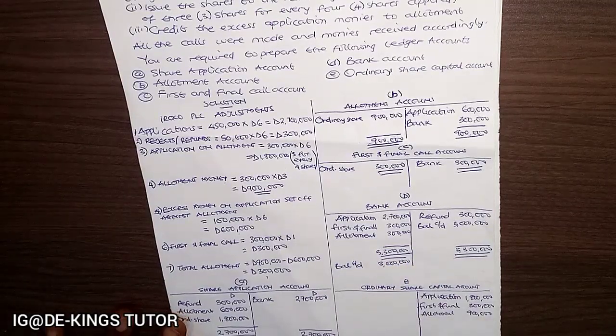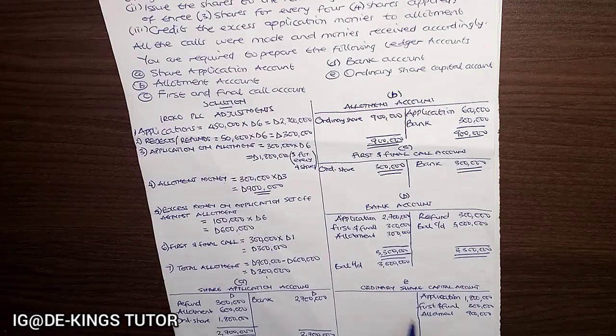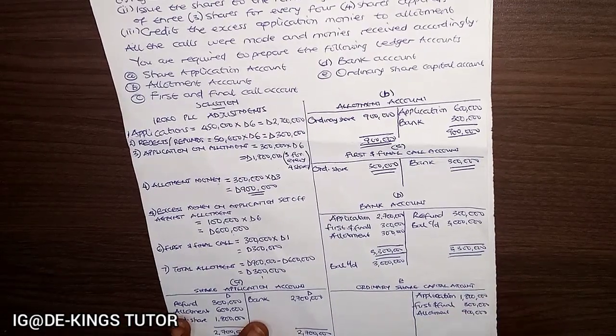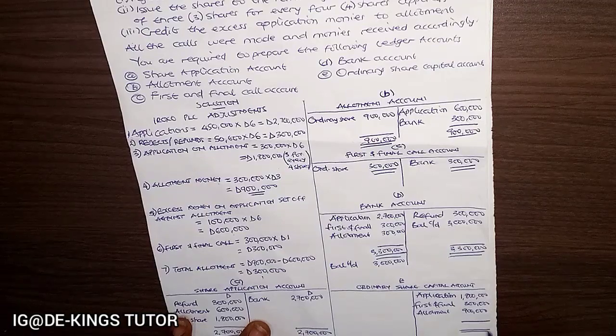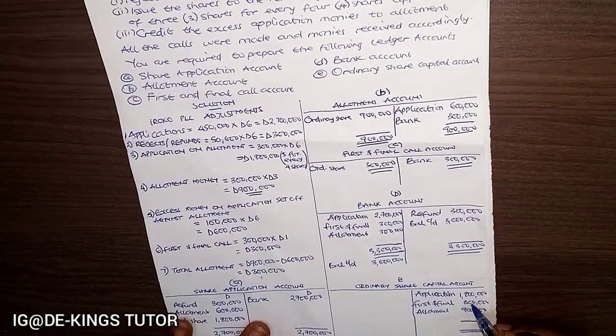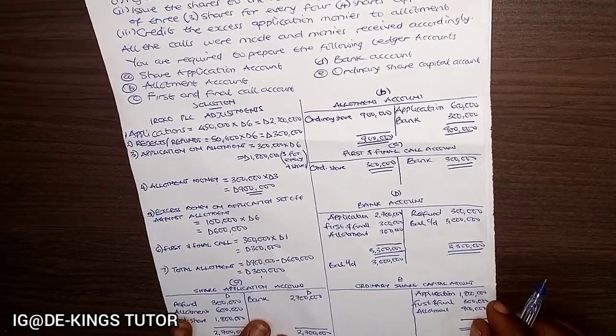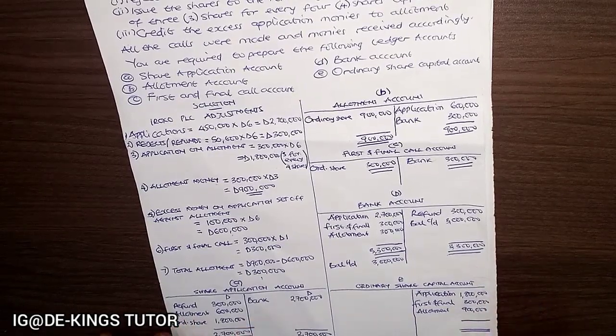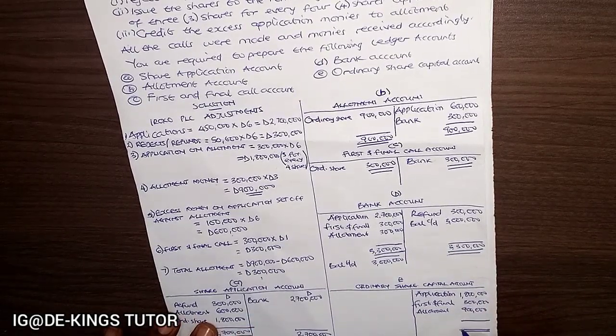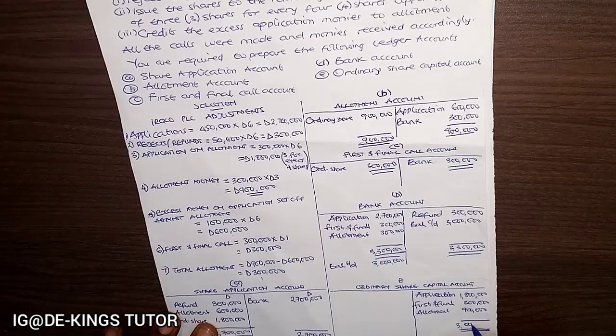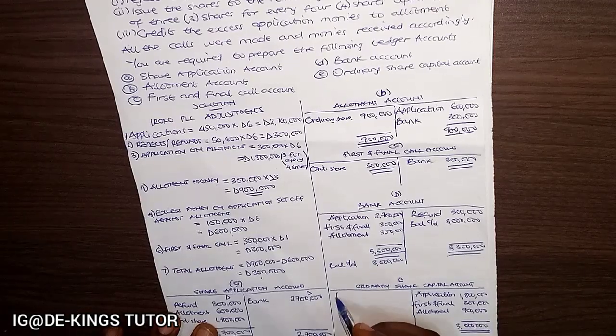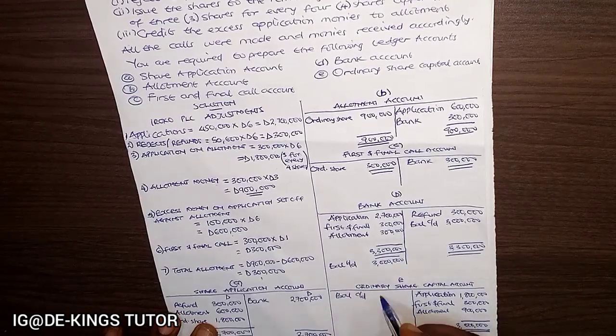Okay, so the ordinary share capital will now be 1.8 million plus 300,000 will give us 2,100,000, plus 900,000 will give us 3 million. So we'll now have a balance carried down as 3 million.